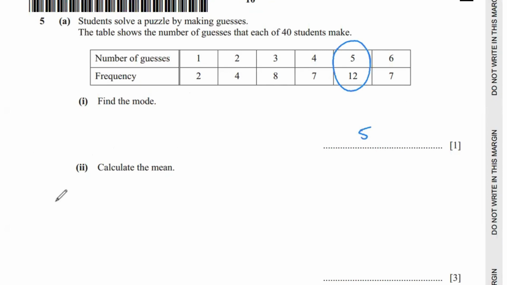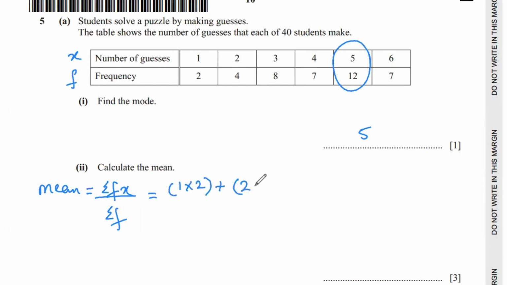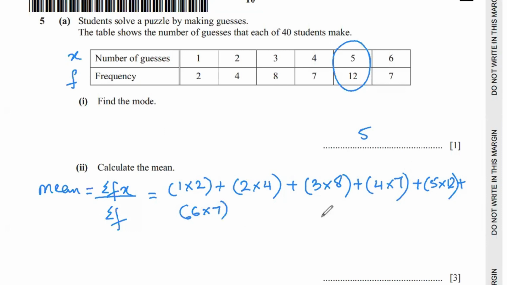Then calculate the mean. Mean is sigma fx over sigma f. This is x, this is f, which means you multiply x and f for each column, and then add the result. So that's 1 times 2 plus 2 times 4 plus 3 times 8 plus 4 times 7 plus 5 times 12 and plus 6 times 7.